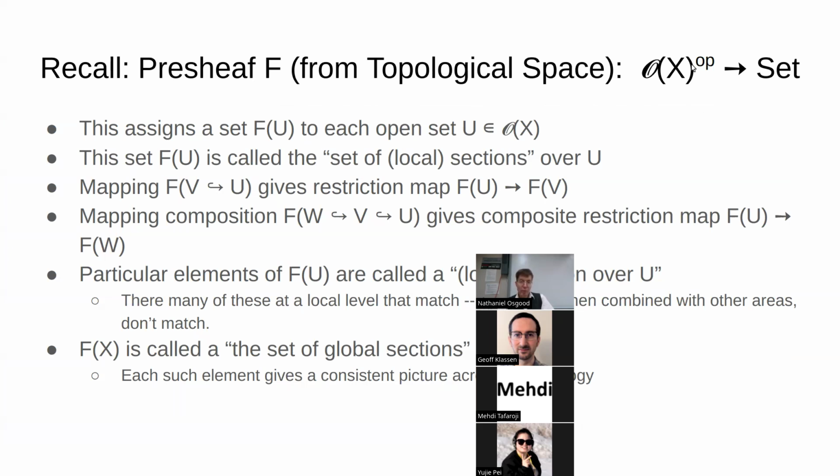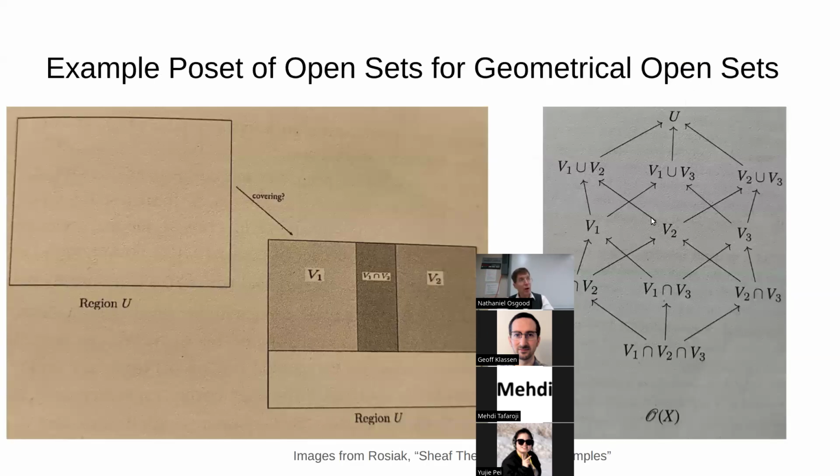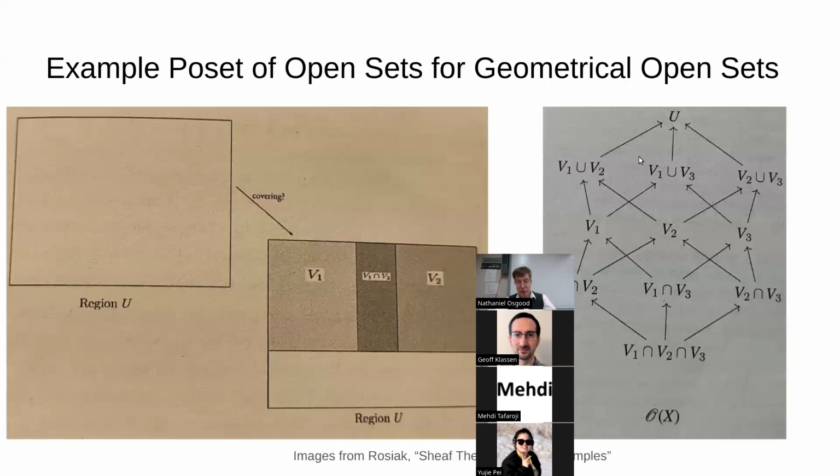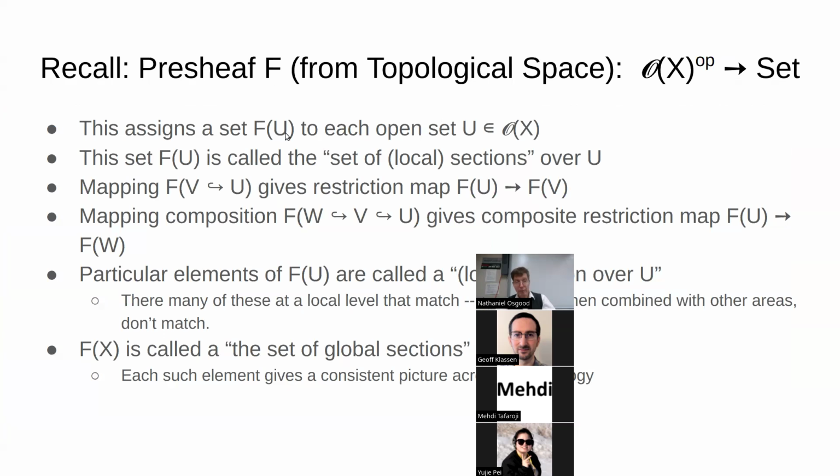Okay, so we're going to be dealing here with presheaves, right? Presheaves from this into set, and the idea here is that any presheaf here is going to function in a way that's familiar to you folks, right? If it's from this op, for each of these sets, it's going to assign an F of that, right?